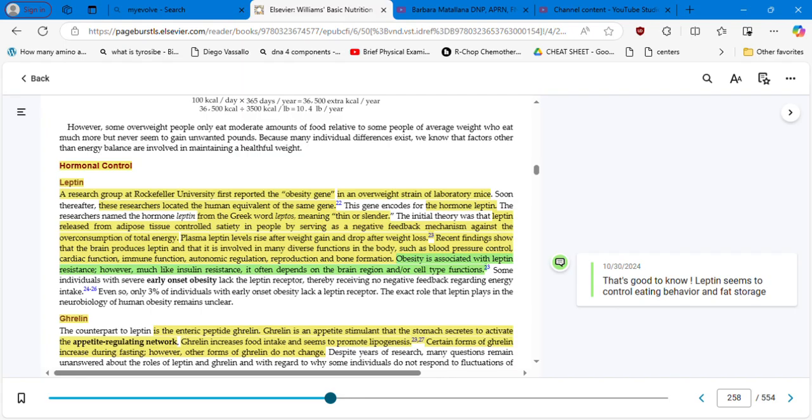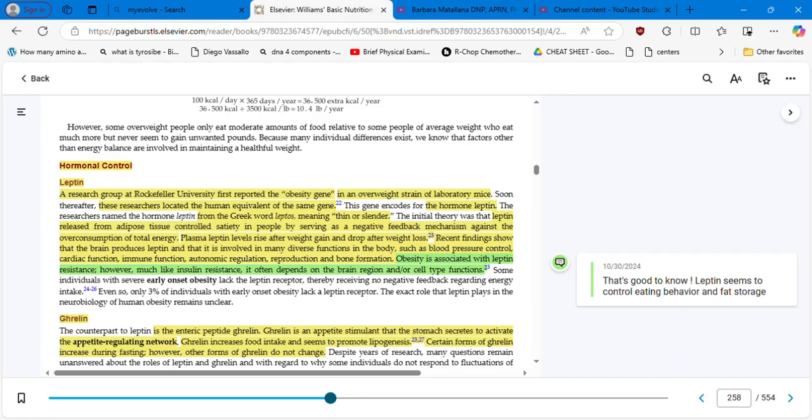These researchers located the human equivalent of the same gene, known as the hormone leptin. First, they located the obesity gene in the mice, and then they found the equivalent in the human body, right? Which is the hormone leptin. And this comes from the Greek word leptos, meaning thin or slender.